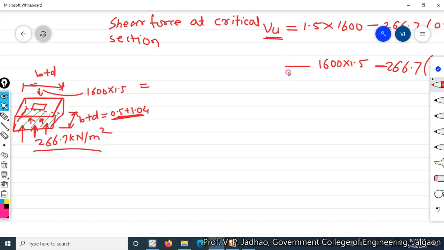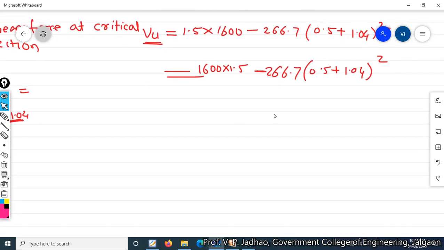Okay, so we have got some value for this shear force. If we calculate it, it comes out to be 1768 kilonewton.